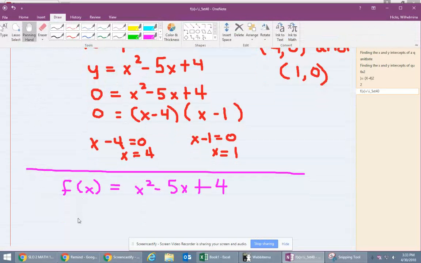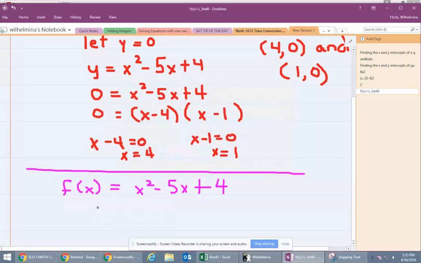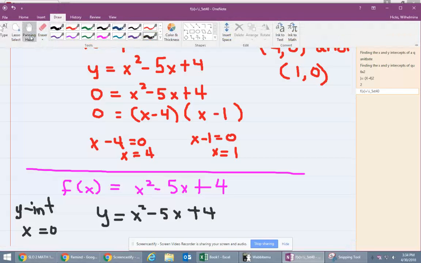Okay, so I'm just going to replace f of x with y equals x squared minus 5x plus 4, and we're going to put in 0 for x to find the y-intercept.